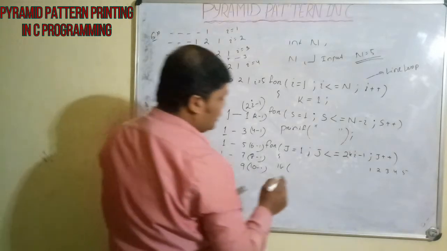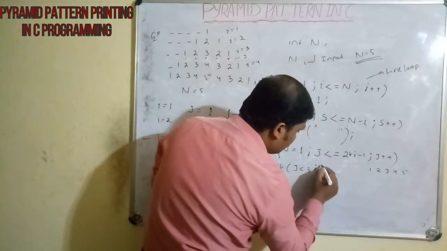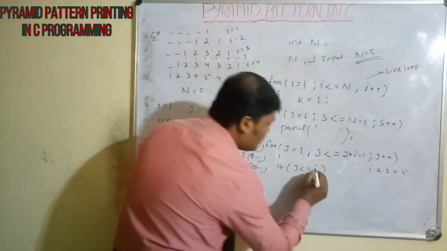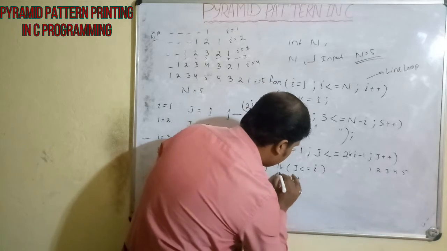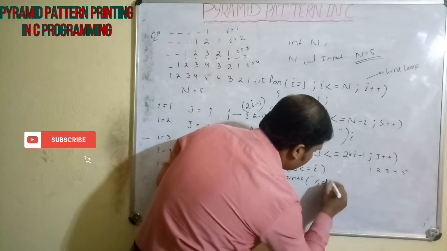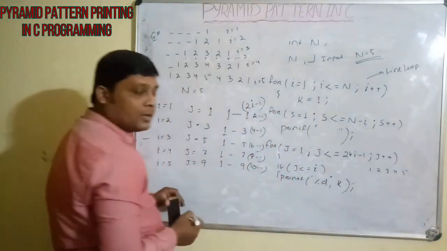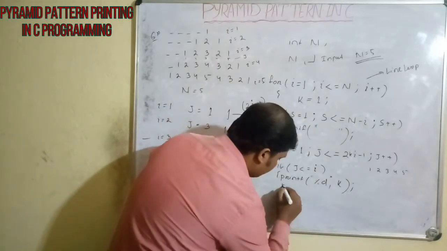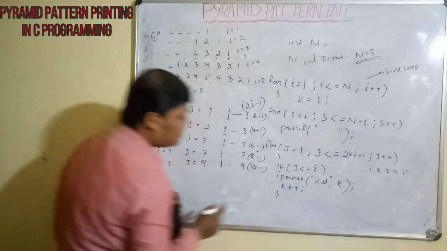Clear? Now you can see, if j less than or equal to i, what is it printing? printf percent d, k. Clear? After that, we are increasing k value, k plus plus.